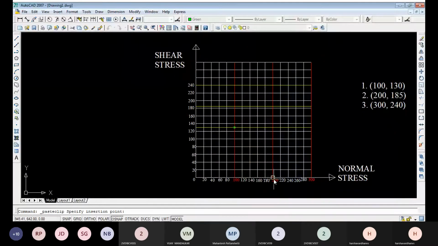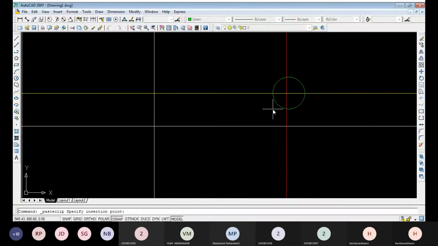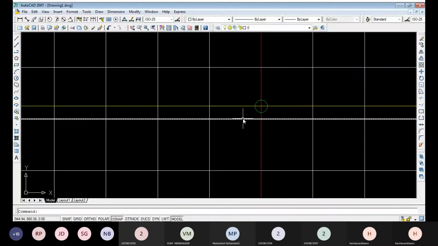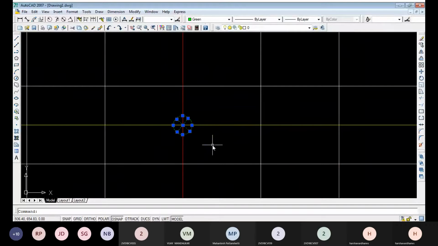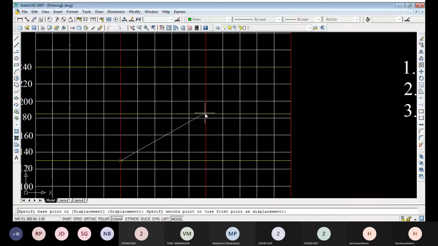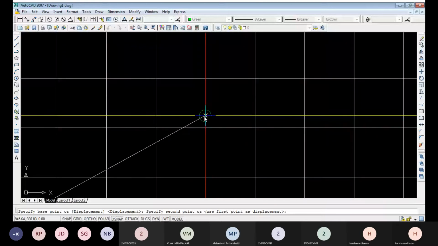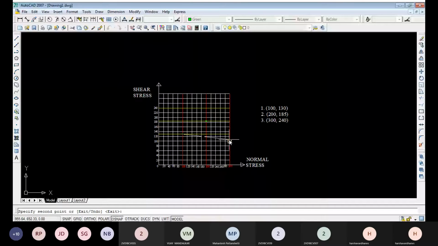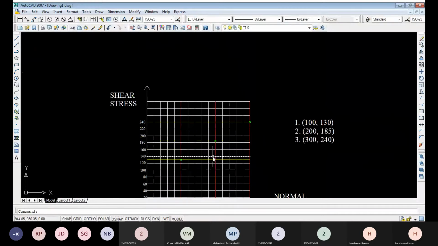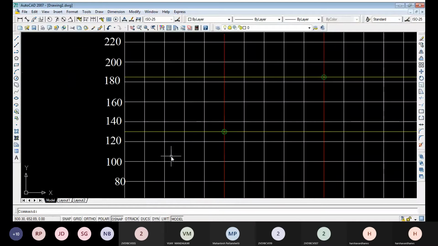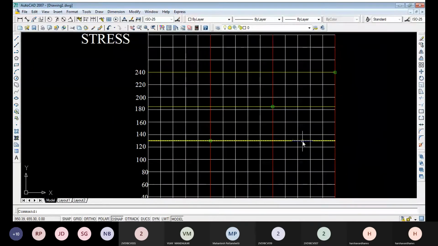Next point, normal stress is 200, shear stress is 185, so I'll mark my point here. Third point, normal stress is 300 and shear stress is 240, so I'll mark it here. Okay, all of you have marked the points. These are my 3 points.